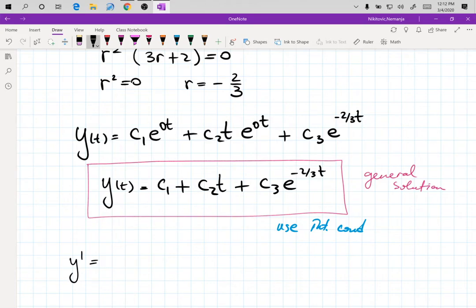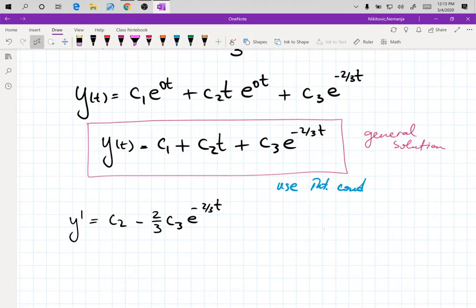C1 just dies. Derivative of t is 1. And then I have minus 2/3 c3 e to the negative 2/3 t. And I need also the second derivative because I have also a condition for the second one, right? So that's going to be positive 4/9 c3 e to the negative 2/3 t. There we go.